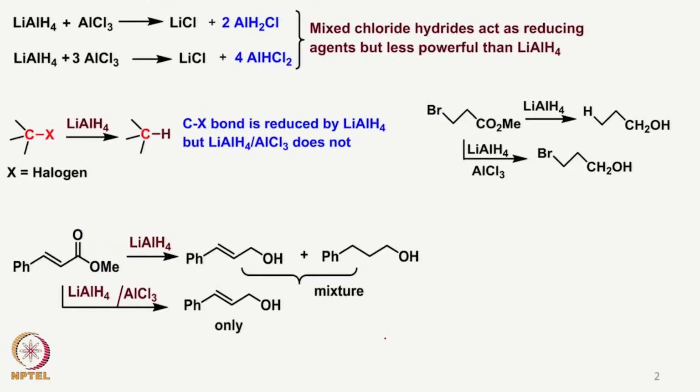We discussed these mixed chloride hydrides, which act as reducing agents but are less powerful than lithium aluminum hydride. We discussed that the C-X bond, where X is a halogen, can be reduced to the corresponding C-H bond using lithium aluminum hydride.